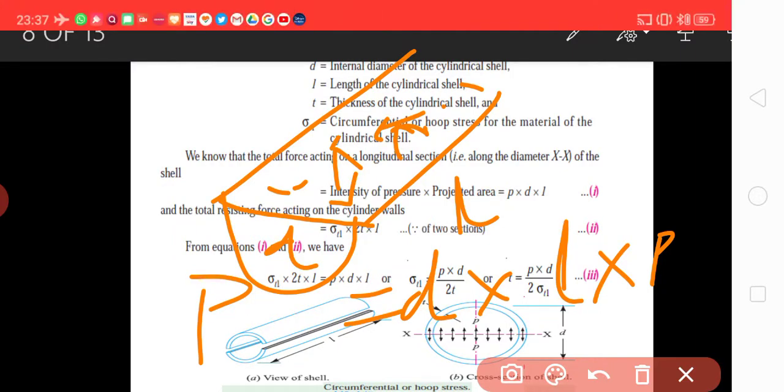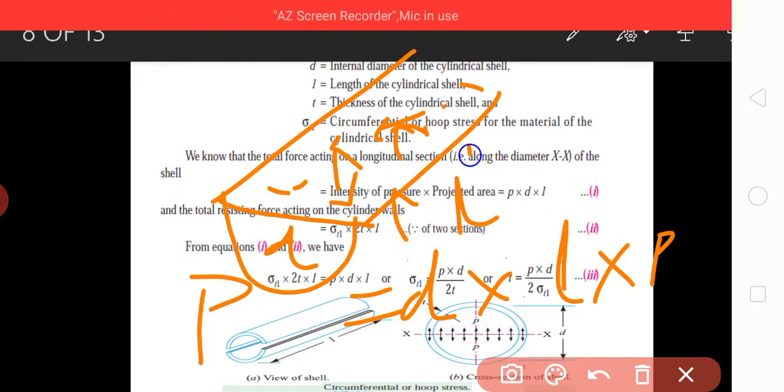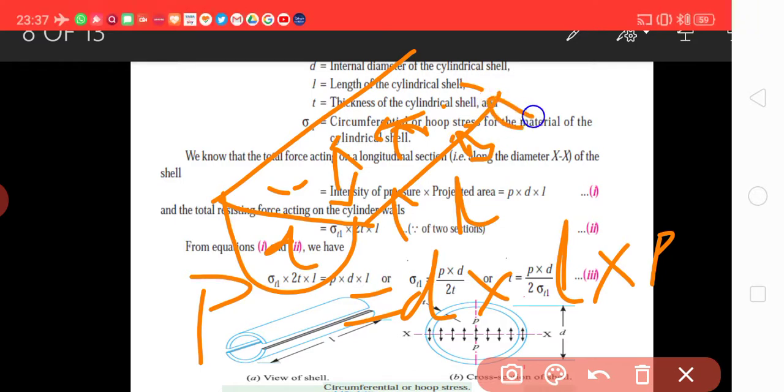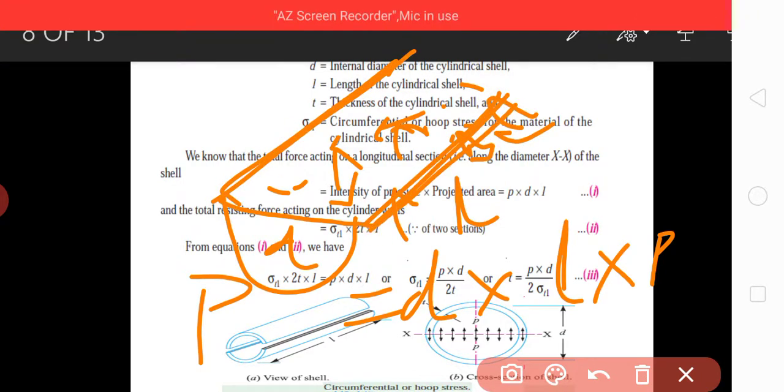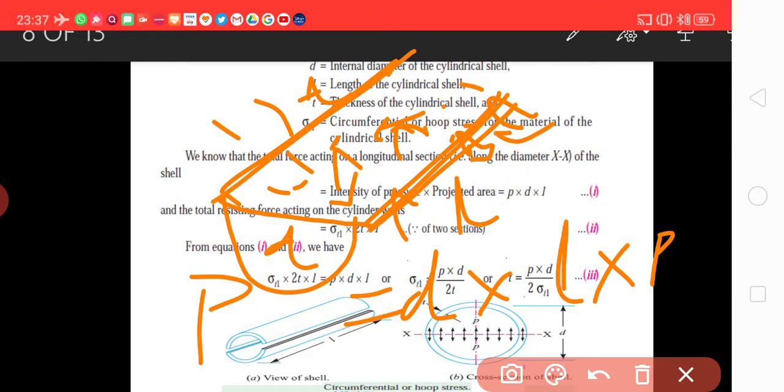In the two halves, the stress will be developed here, this side also, and this side also. So if T is the thickness of this and L is the length, that T plus T, that is 2T into length.